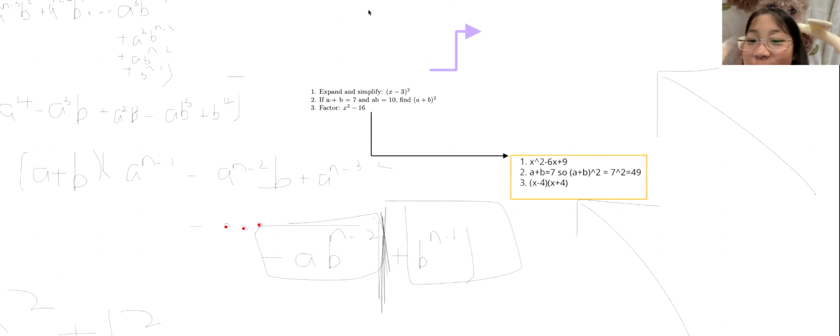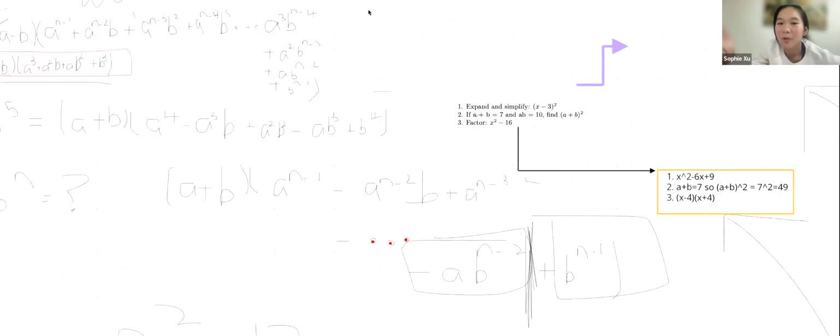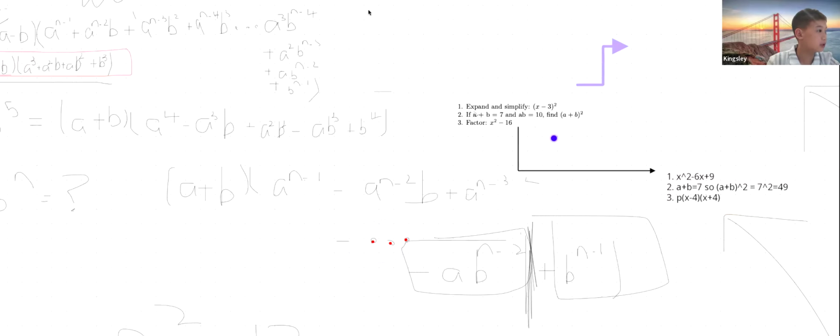And then third question. It's a difference of perfect squares. So a is just x and b is just 4, right? So it's x minus 4 times x plus 4.